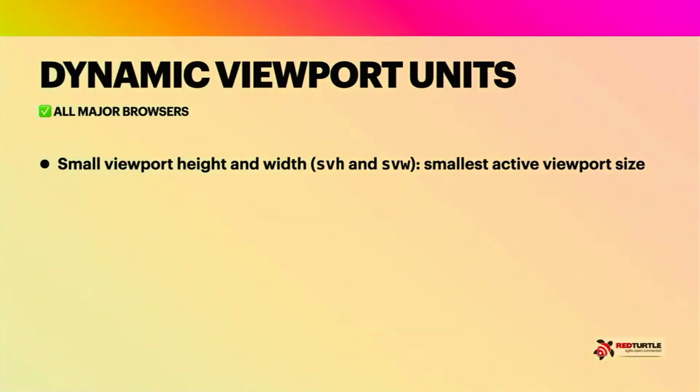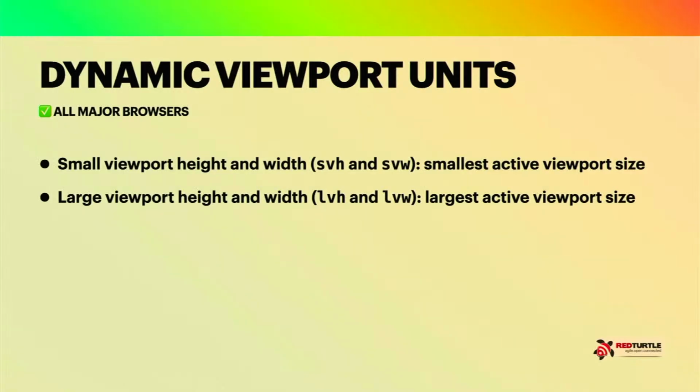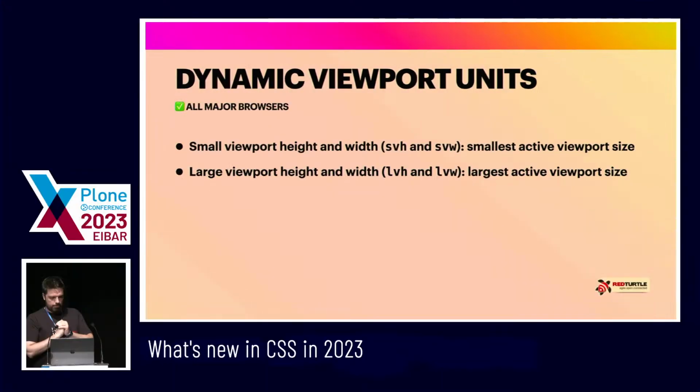That's a fixed value, so the browser knows how much that value would be in the moment that all toolbars are showing. And you can use that. There's also the large viewport height and width, which is the opposite. So what's the largest possible viewport size? And the browser knows.